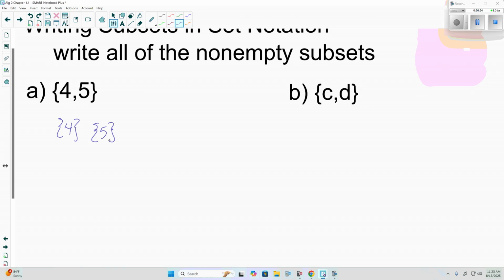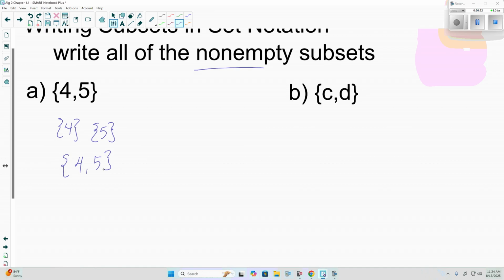Well, not nothing, because we don't want any of the empty sets. So far we have the set containing 4, the set containing 5. But we could also have the set containing what? 4, 5. Because as we said already, the set itself can be a subset.